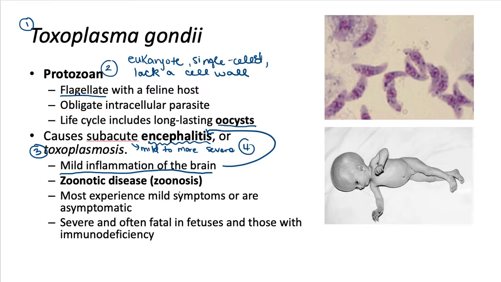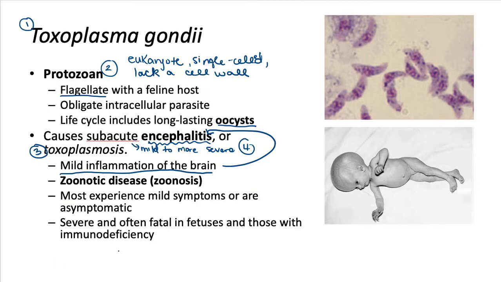Because the host is a cat and because you can get a toxoplasmosis infection from a cat, it's considered a zoonotic disease or a zoonosis, meaning that it is transmitted from an animal host. Most adults don't experience any symptoms at all and don't even know that they have an infection. In fact, it's been posited that up to 1/3 of the population has already been exposed and has the infection.